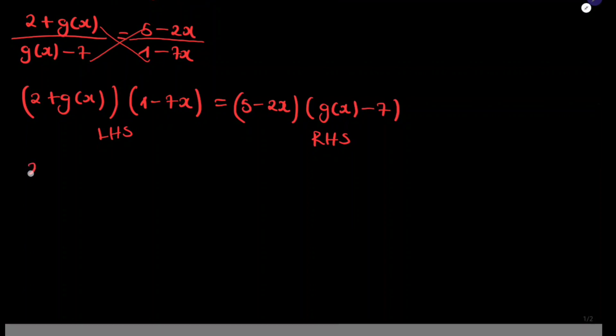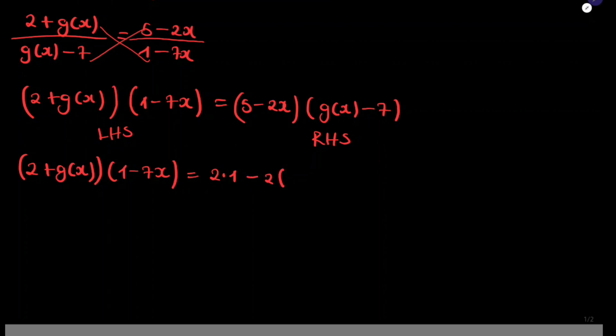So our left hand side is (2 + g of x) times (1 - 7x). Okay, so let's expand this. So this is 2 times 1, plus 2 into minus 7x, plus 1 times g of x, and plus g of x into minus 7x.